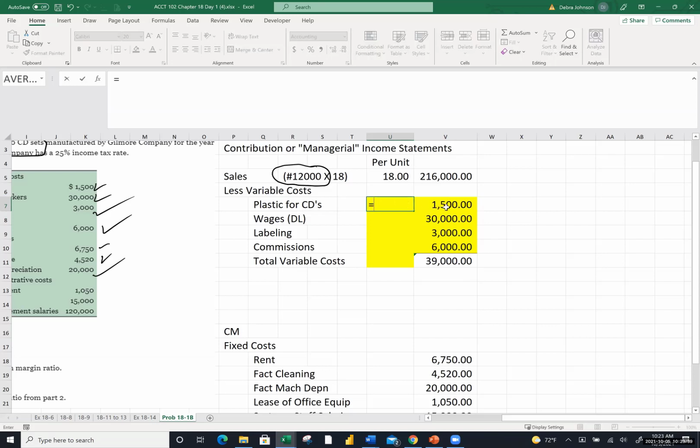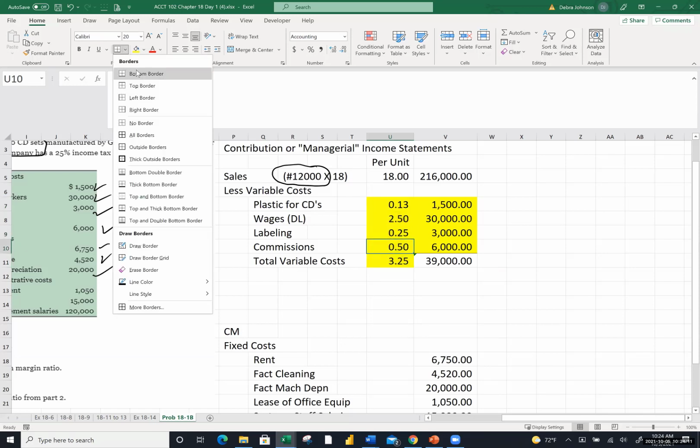If you take that variable cost and you divide by 12,000, then we should be able to just copy that formula down. So what did I do? I took this 1,500, which is sitting in V7 on my screen, and I divided by 12,000 units. If I take that and just copy it down, you'll have your per unit costs.